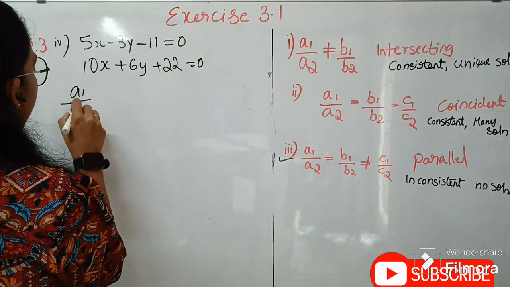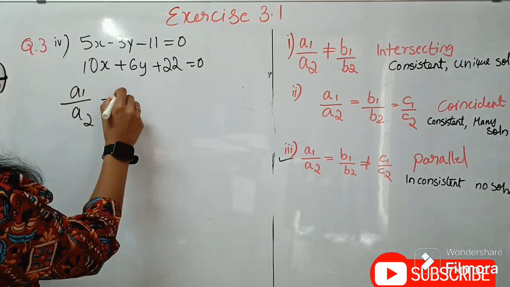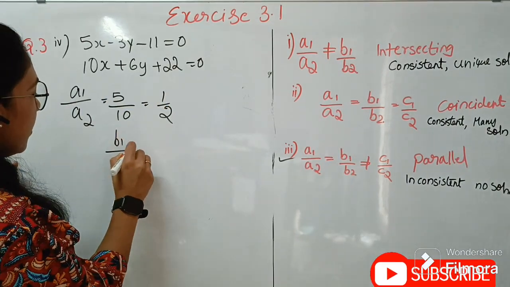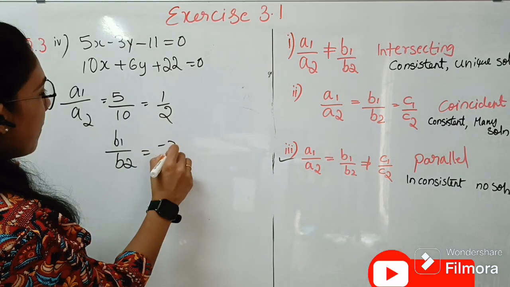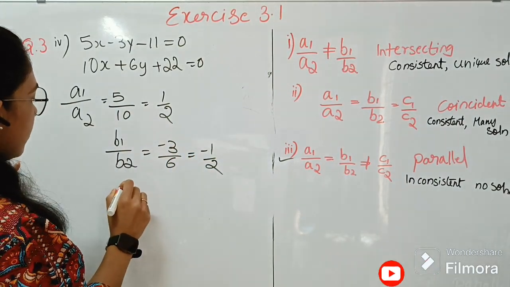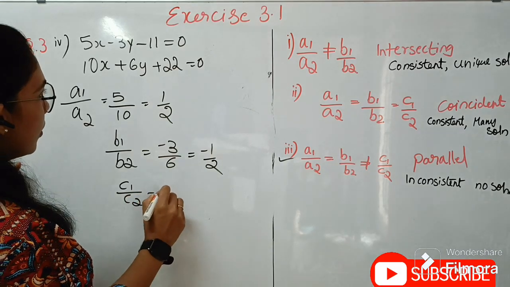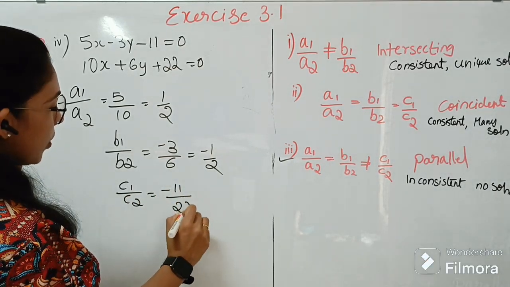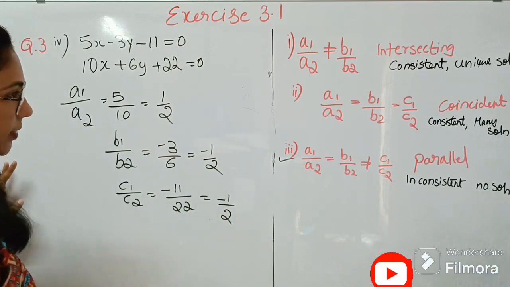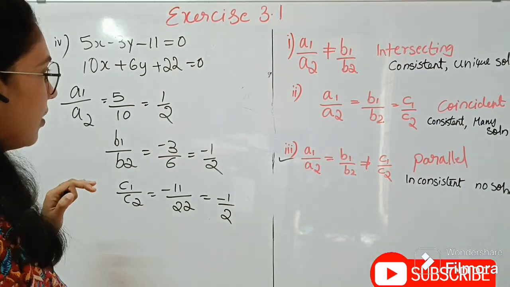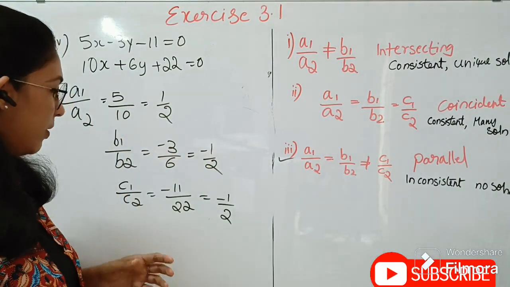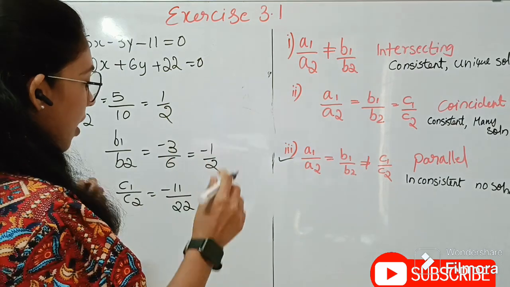That is, a1/a2 is equal to 5/10, which is equal to 1/2. Then b1/b2 is equal to −3/6, which is equal to −1/2. And c1/c2 is equal to −11/22, which is equal to −1/2.